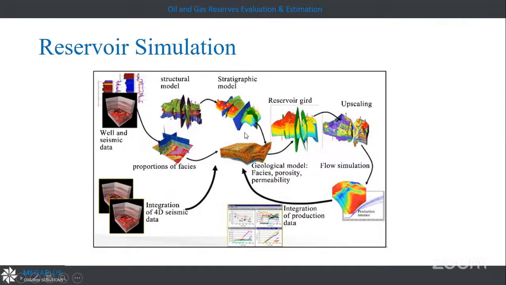And we combine all of them in a features and property model. And now we call it a static model. So we have a static model that respects the structure, the petrophysical analysis, the features distribution, and rock typing. After that, I will have many cells, each cell representing the quantity of all of that, the porosity, net to gross ratio, or something like that.